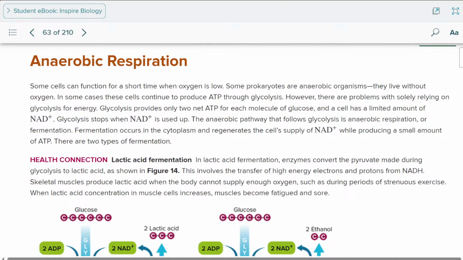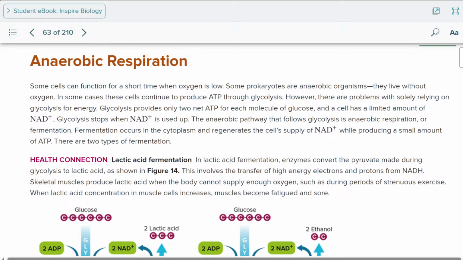By the way, fermentation, the one that's anaerobic, that doesn't need oxygen, you can actually find that in cramps. Because when you have cramps, one of the reasons is that there's not enough oxygen flowing through that part of the body.